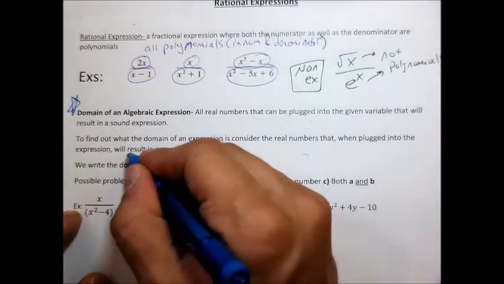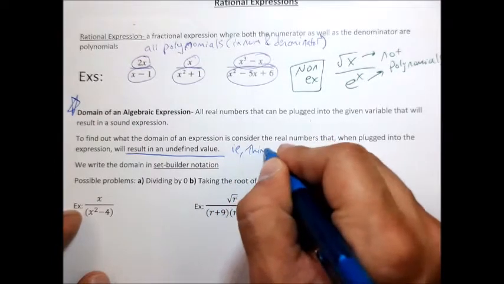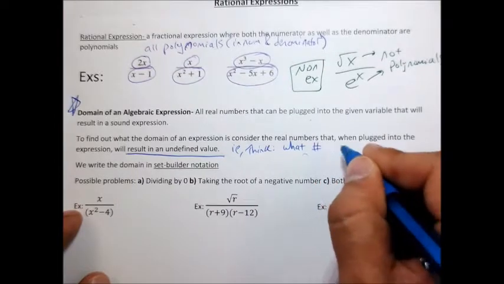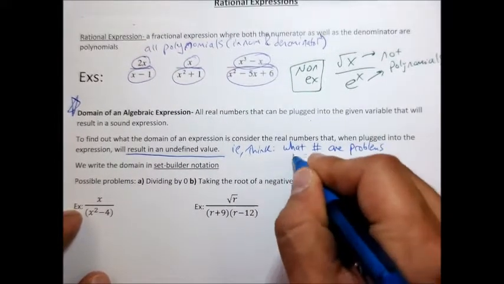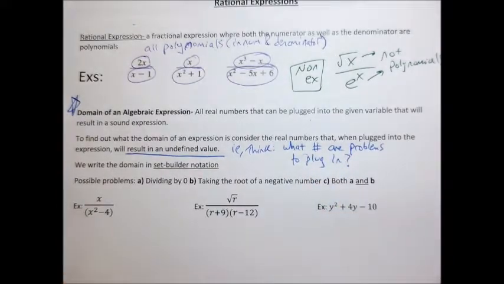And so this is basically saying you think what numbers are problems to plug in. That's the way you approach these problems. And again, we're going to be thinking about domain of lots and lots of functions this semester. And so this is a really good time to start understanding this.